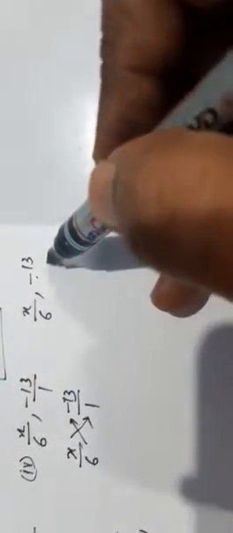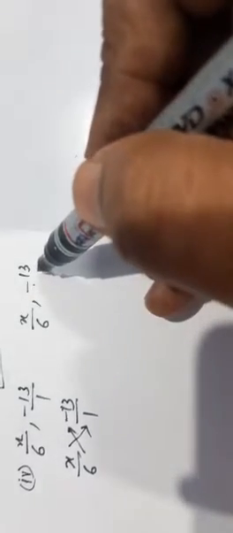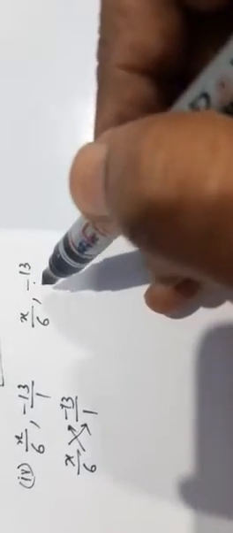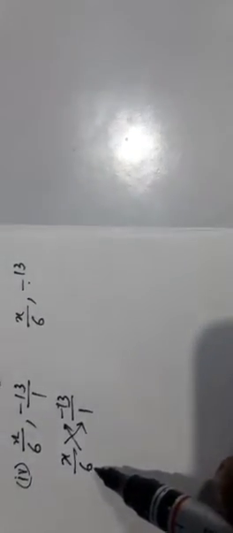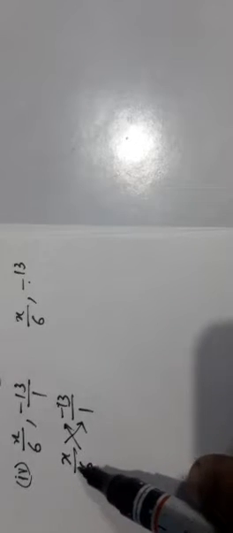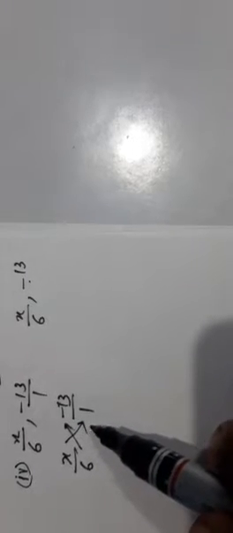Children, next is question number 4. X by 6 and minus 13. In the question it is only minus 13. So, if nothing is there in the denominator, it is understood divided by 1. Here we have to cross multiply x by 6 and minus 13 by 1.